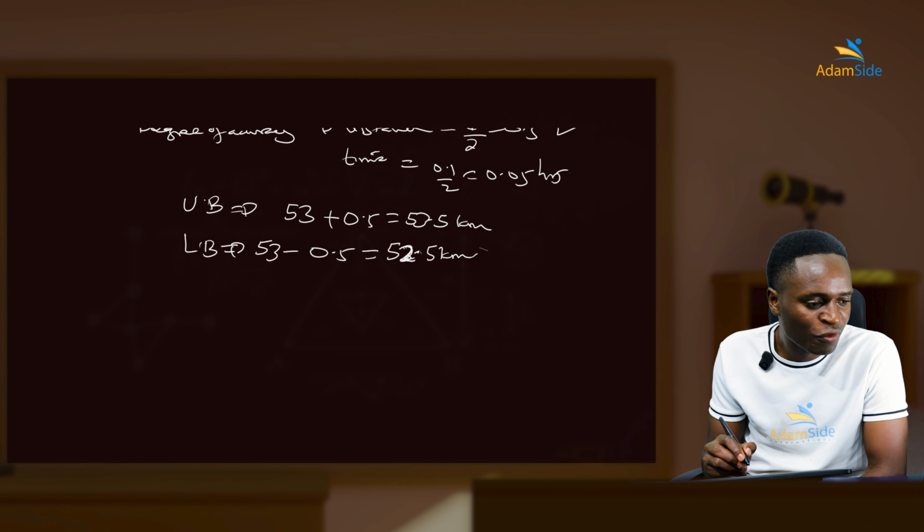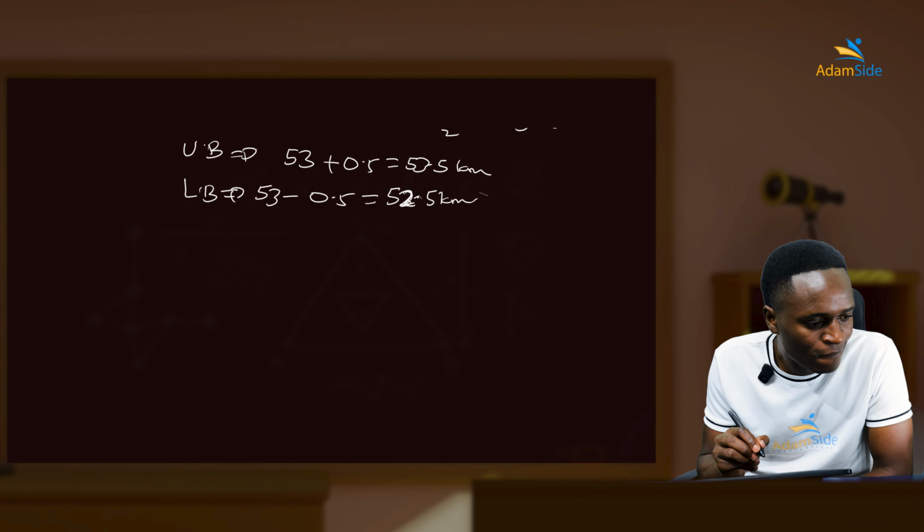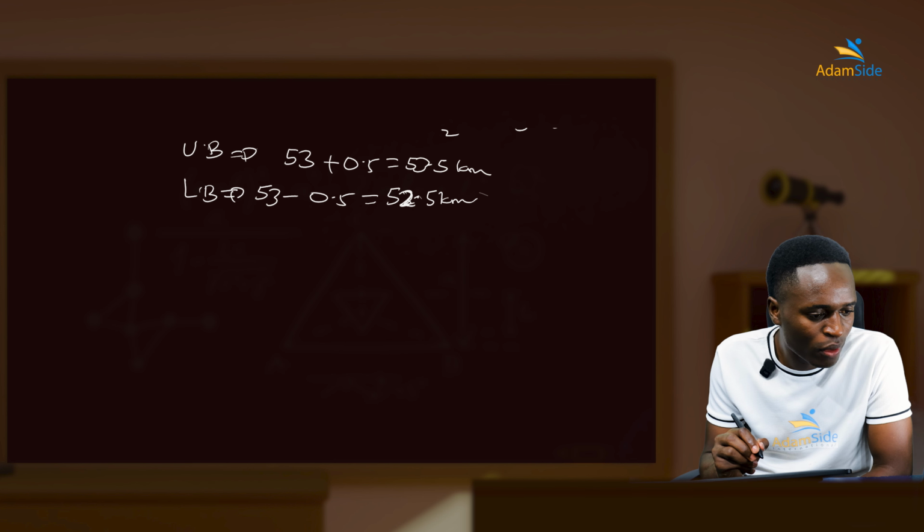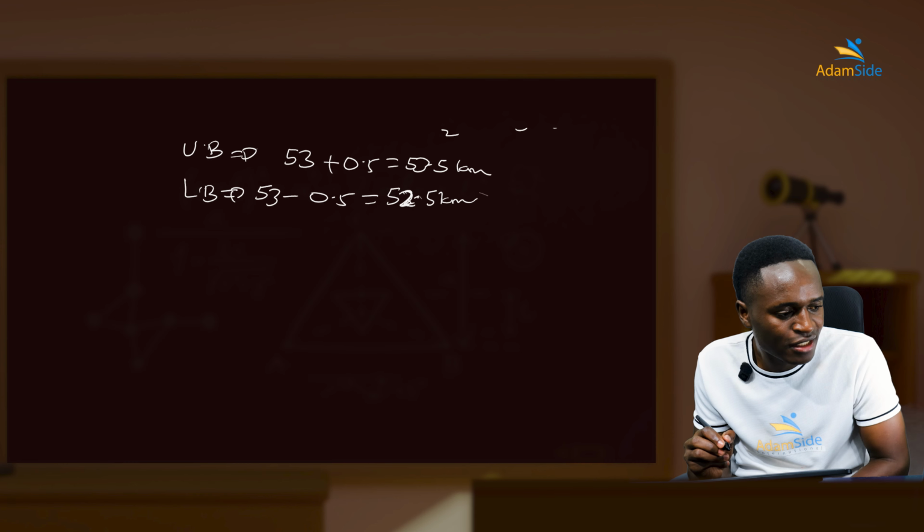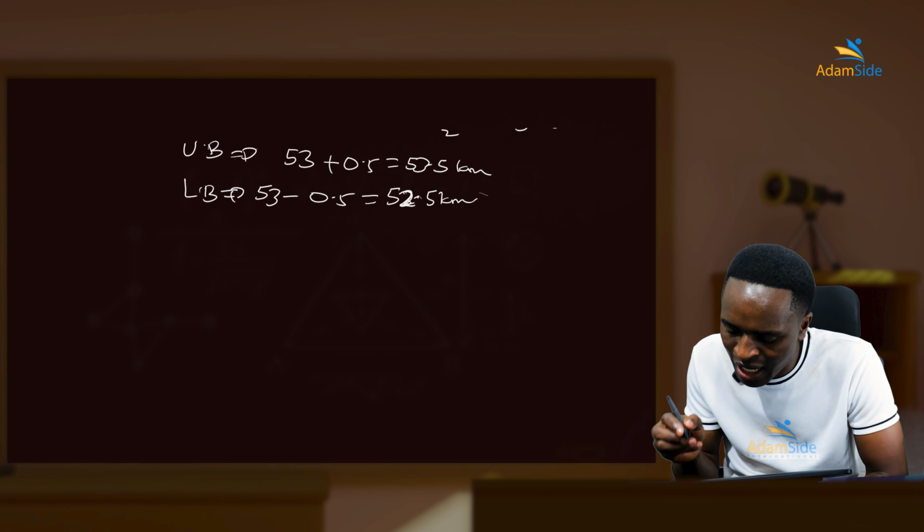Then to find the bounds of time, our degree of accuracy is 0.1, divided by 2, you get 0.05 hours.